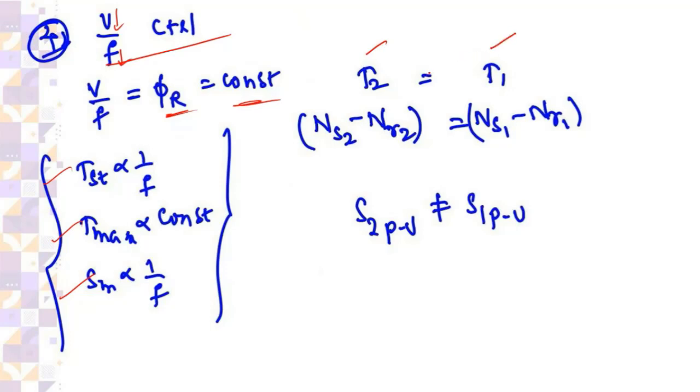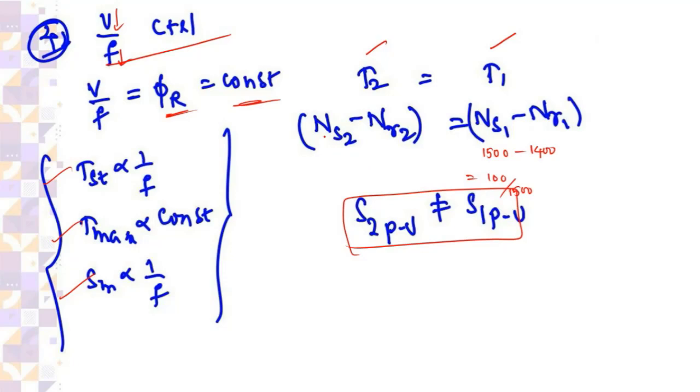If you want to get the constant torque output, then the relative speeds must be same, but not per unit slips. Per unit slips can be different. Relative speeds must be same. If initial synchronous speed is 1500, initial rotor speed is 1400, then it will be 100 rpm. 100 rpm with respect to 1500, it's the per unit slip.